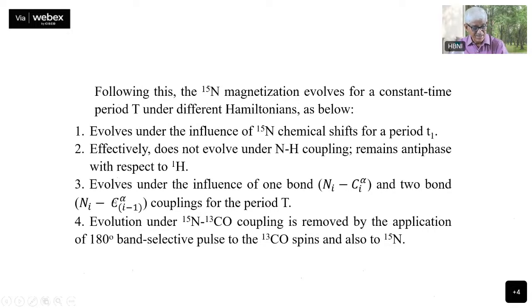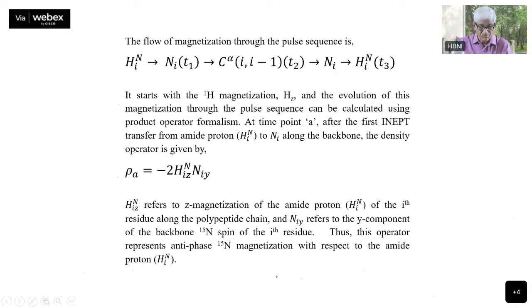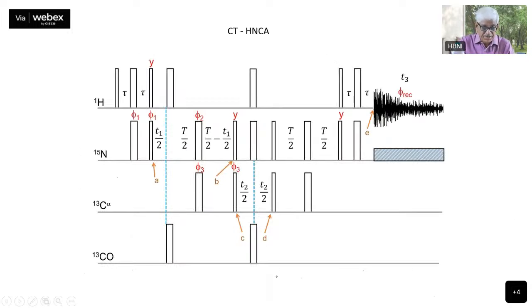Then it evolves under the influence of one bond nitrogen C alpha coupling and two bond nitrogen C alpha couplings for the period T. So how does that happen? See, during this period, consider here we have T1 by 2, and T by 2 minus T1 by 2.